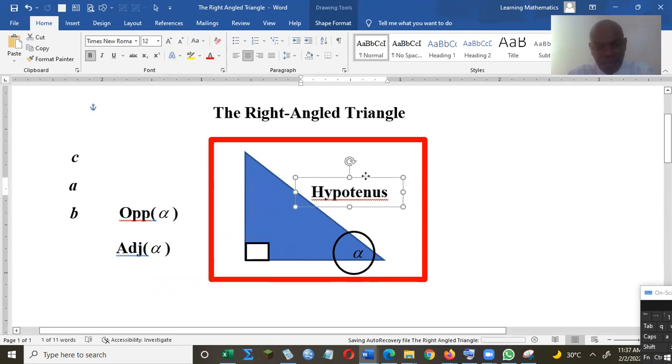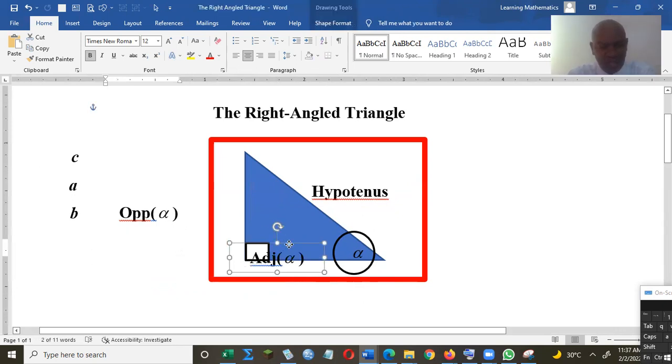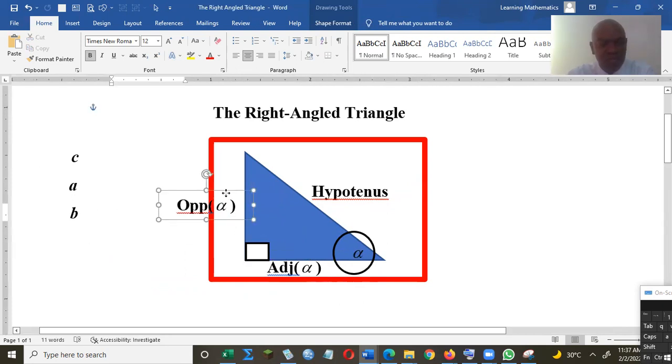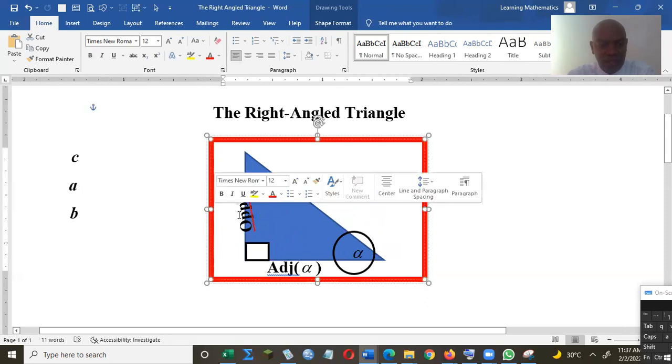That's constant. However, the side next to the angle will be called adjacent, so adjacent to the angle alpha, and the side away from the angle will be called opposite to the angle alpha in that case.